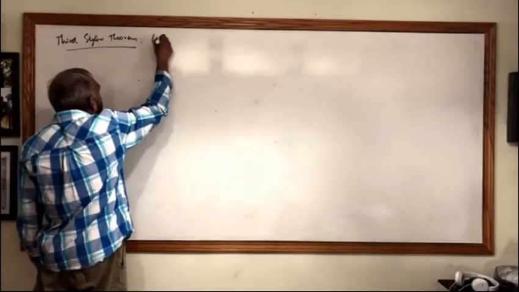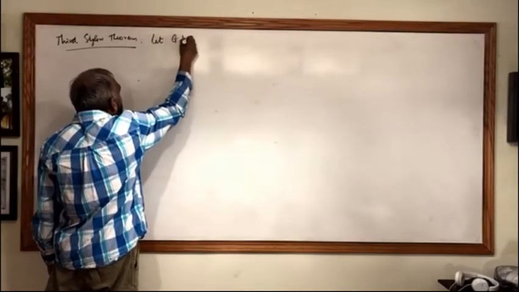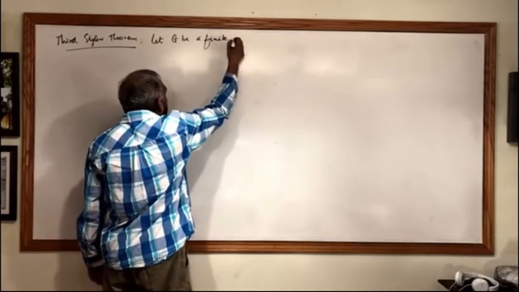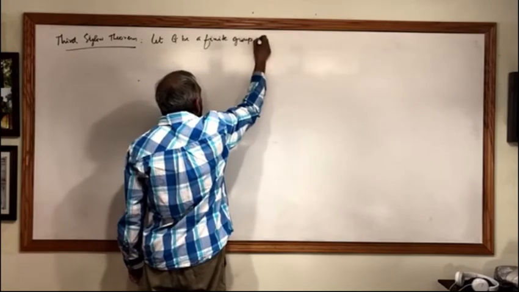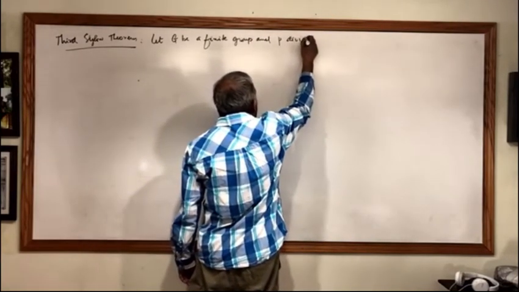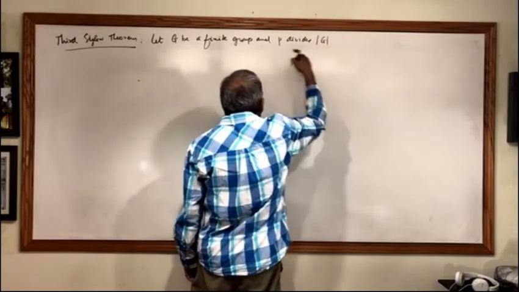So let G be a finite group and P divides the order of G, P a prime.